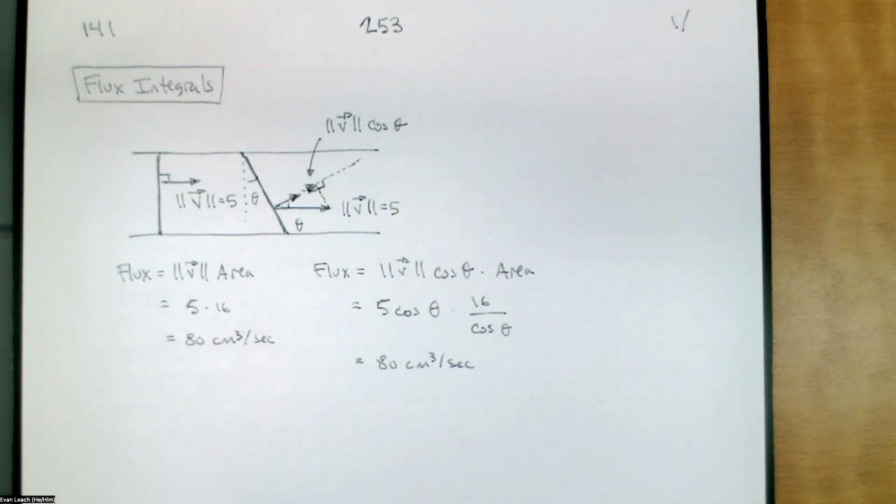We noticed that this is what we expected to happen, because how we're measuring the amount of water flowing through this pipe shouldn't change based on whether we're measuring at an angle or we're measuring perpendicular. These are supposed to be the same amounts.